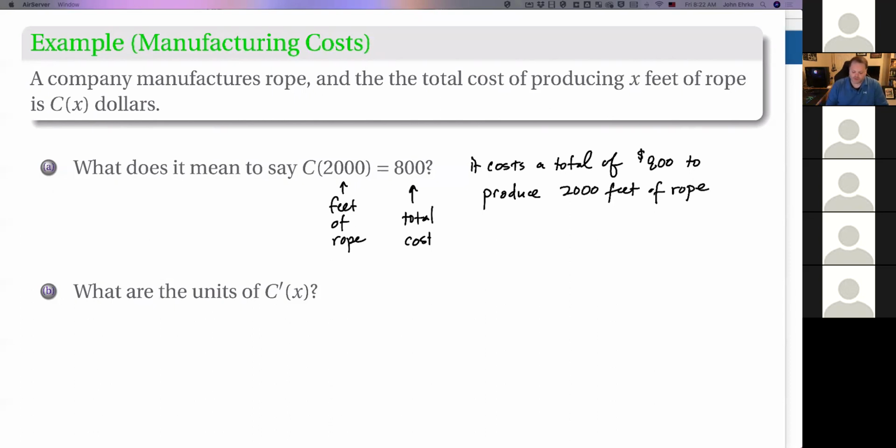So the units of the derivative. I want y'all to tell me here, what are the units of the derivative? Multiple ones of you, I want to see you type it in chat. What are the units here?